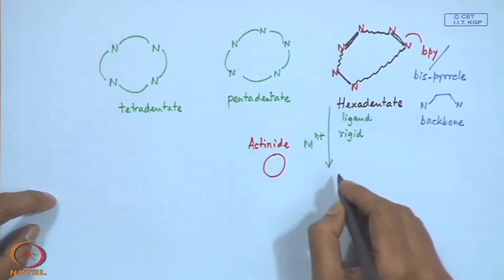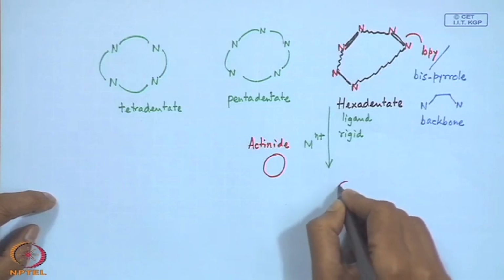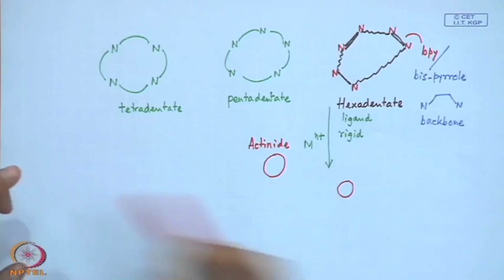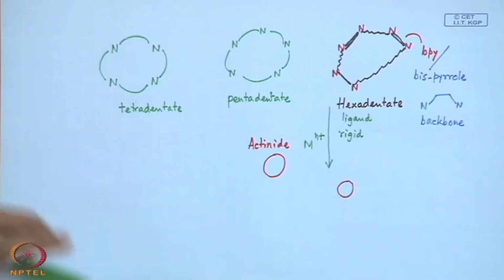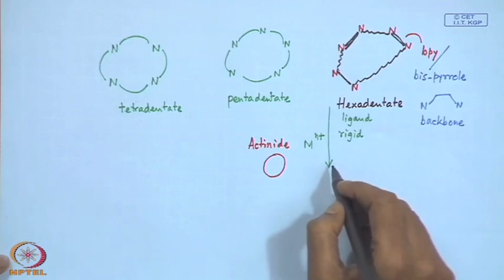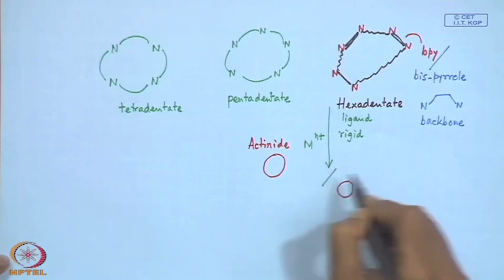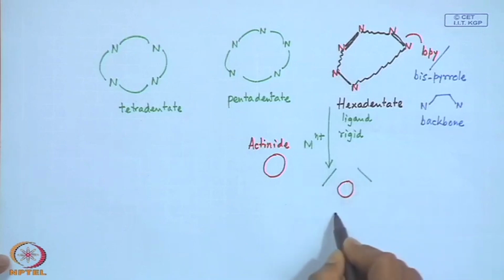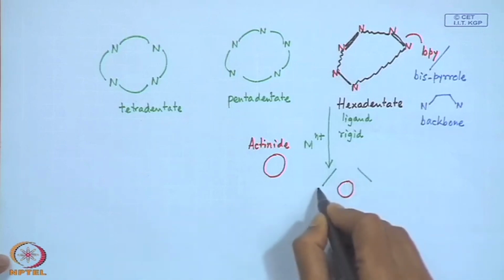So within this cavity of the hexadentate ligand, the metal ion will sit nicely, and we have one nitrogen backbone here, one nitrogen backbone here, and one nitrogen backbone here.